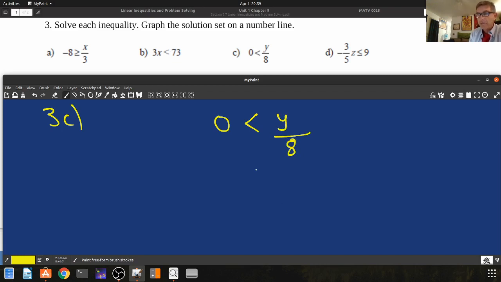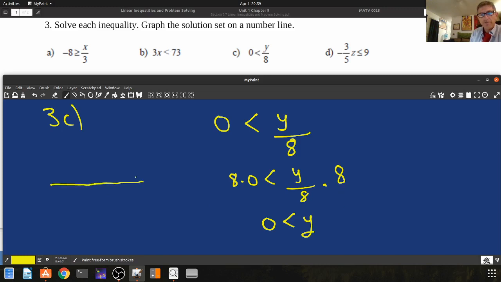Now 8 is a positive number, so it doesn't matter. So 8 times 0 is less than y divided by 8 times 8. But 8 times 0 is just 0. And y divided by 8 times 8 is just y. So this tells me y is greater than 0.